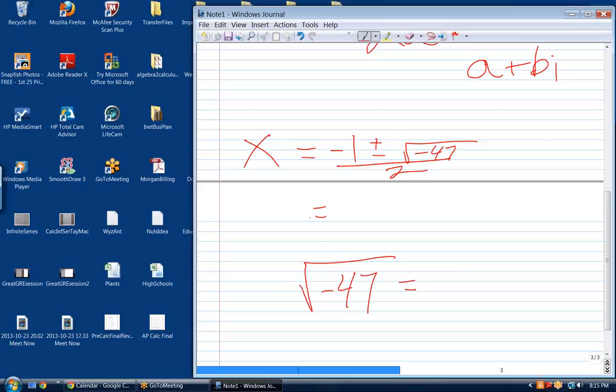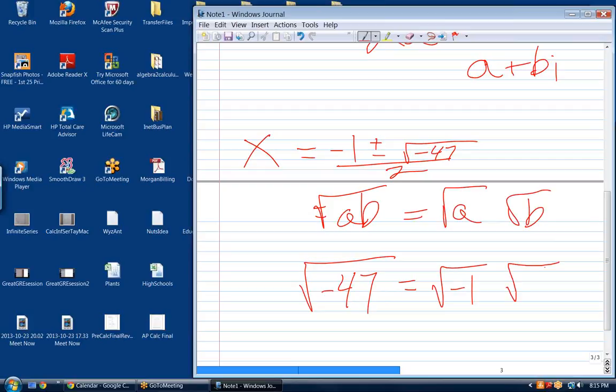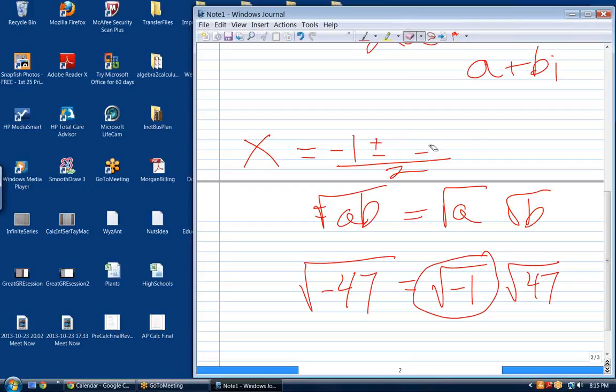Remember that the square root of a times b is equal to the square root of a times the square root of b. So I'm going to take the square root of negative 47 and make it equal to the square root of negative 1 times the square root of 47. And then this is i. So my answer is positive square root of 47 i.